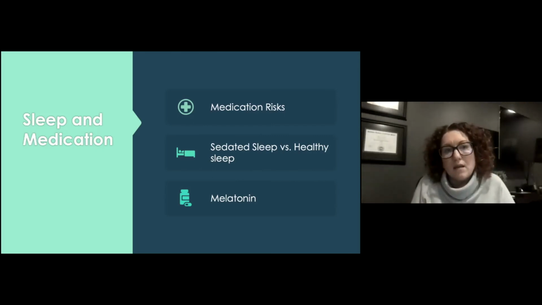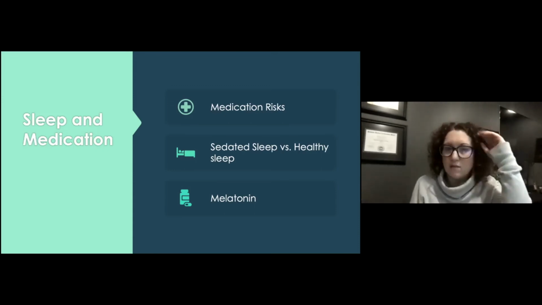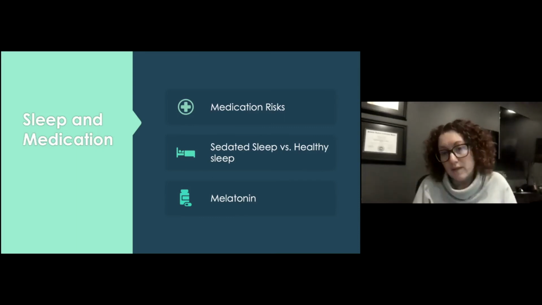When we start working with a family, this is one of the things that we really evaluate, answering that why again. Why are we not sleeping, but also why are we on the medication? It's difficult to know what the true sleep problem is when there's medication involved, because often it masks the true sleep problem.